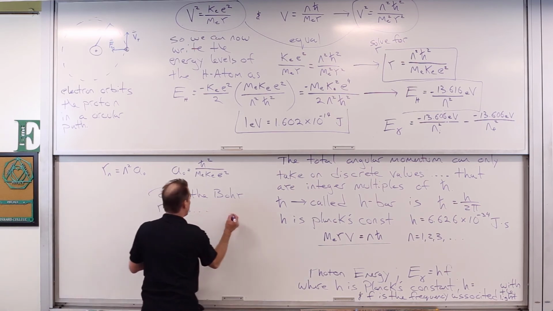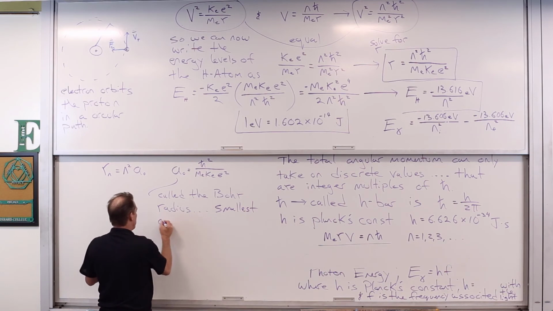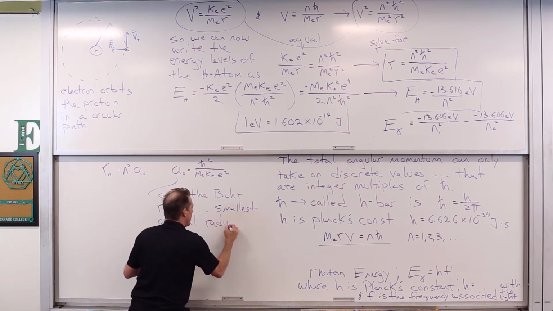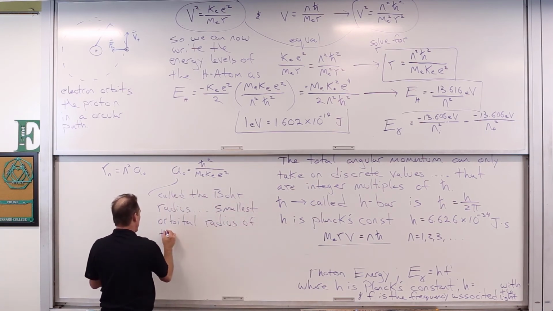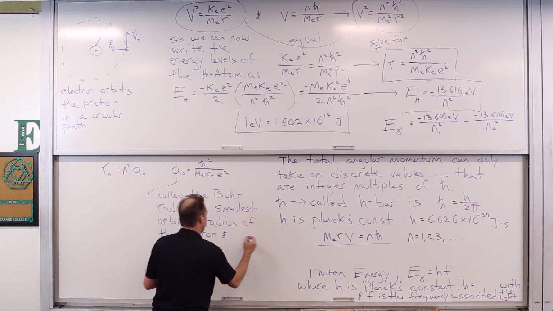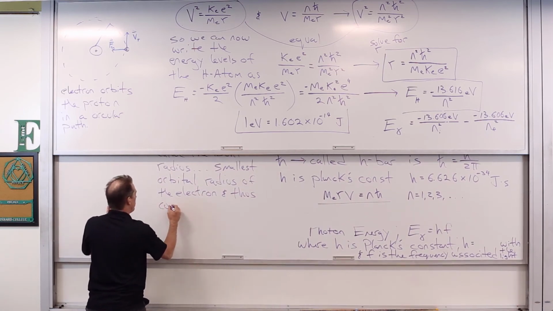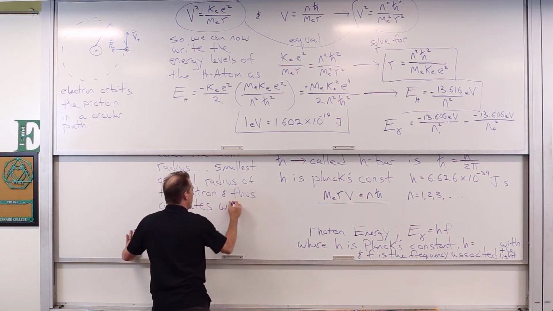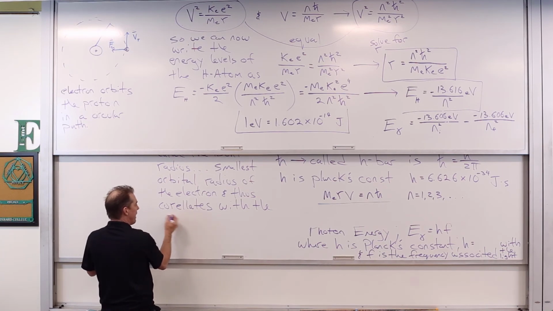It is the smallest orbital radius of the electron, and thus correlates with the smallest energy level of the atom.